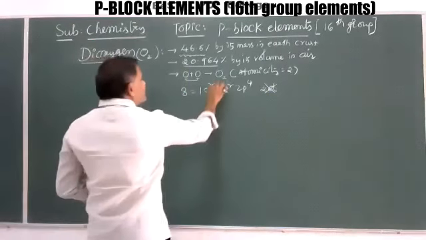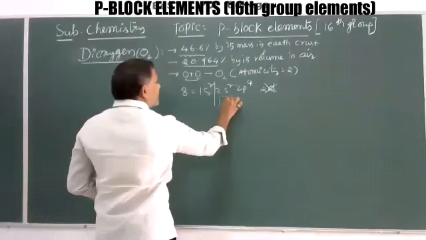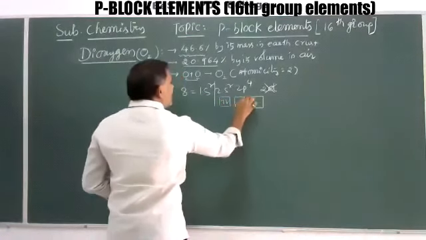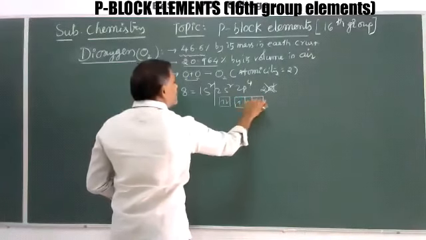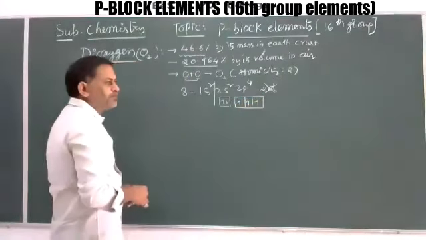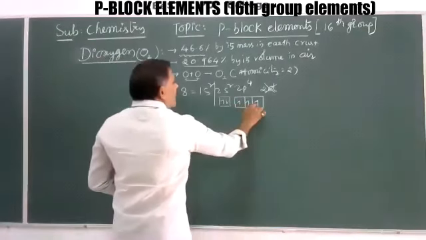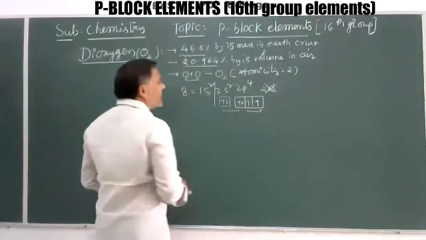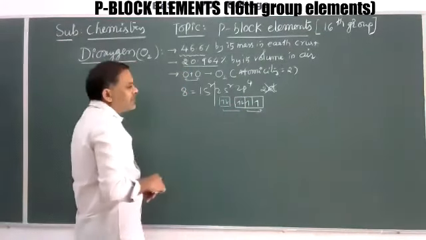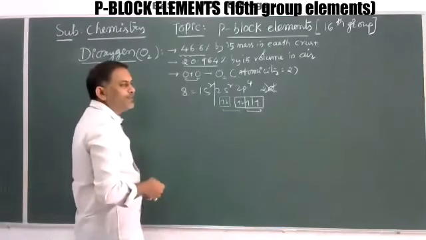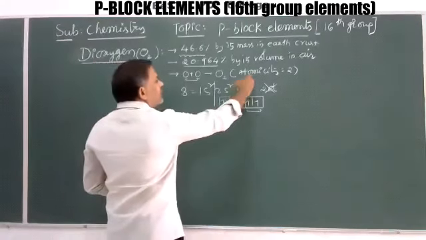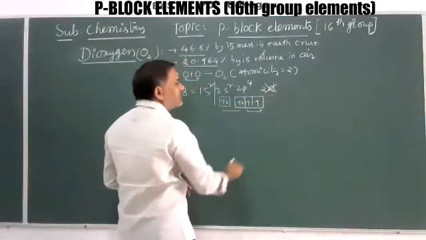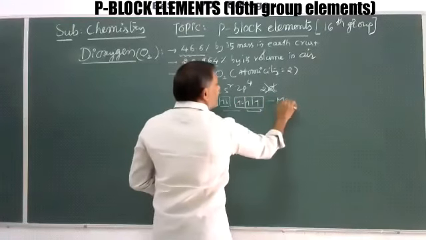In its outermost orbit, how many valence electrons are there? Six. Out of 6, 2 are paired and the remaining 2 are unpaired. So oxygen contains 2 pairs and 2 unpaired electrons. Its maximum covalency is 4 only, because electrons cannot be excited from 2s or 2p to 2d, as there is no d orbital.